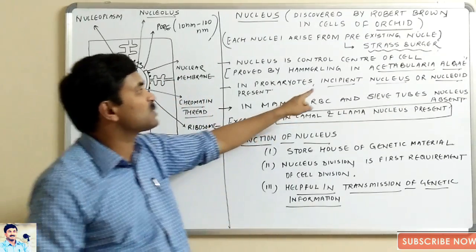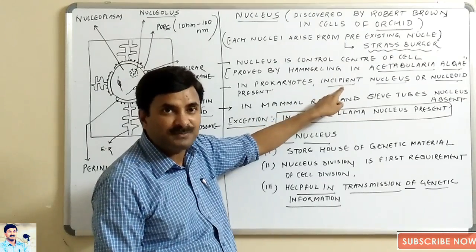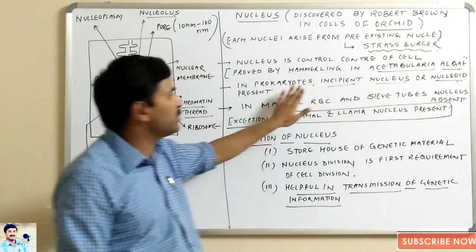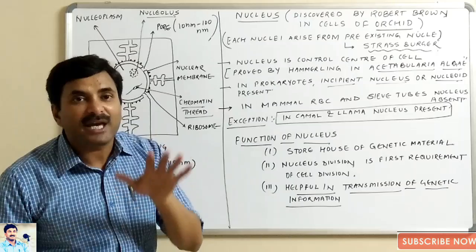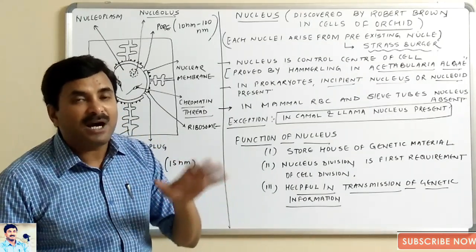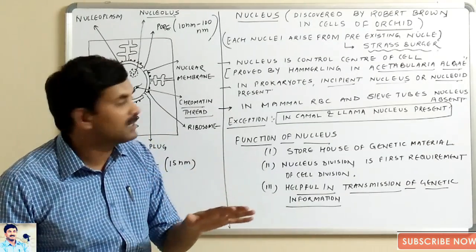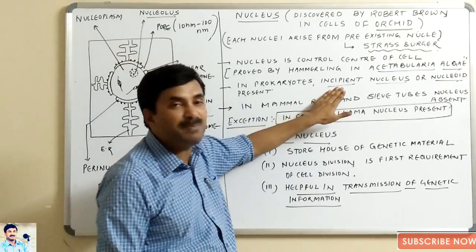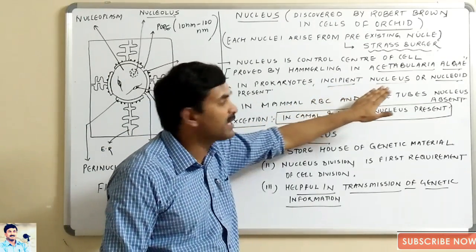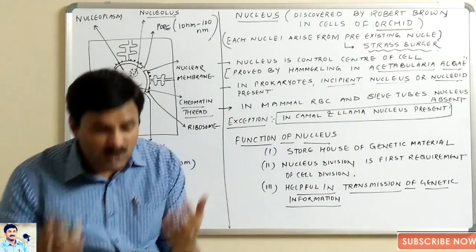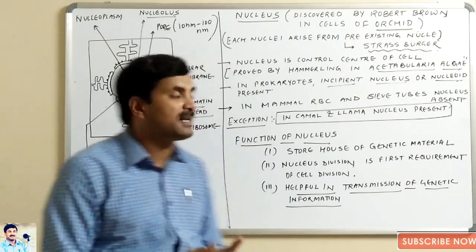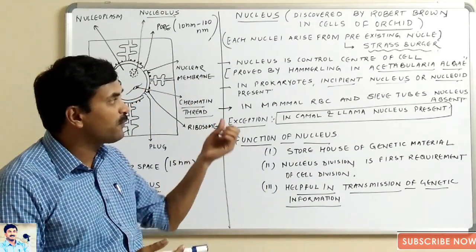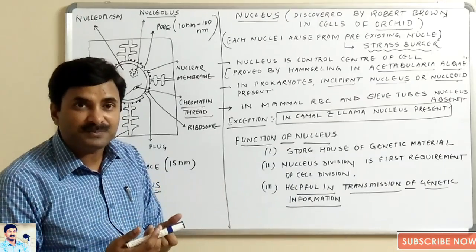Such a nucleus is called an incipient nucleus, or nucleoid. Means, in prokaryotic cells a well-defined nucleus is absent and they have an incipient nucleus, also called the nucleoid. But the presence of a well-defined nucleus is the feature of eukaryotic cells.